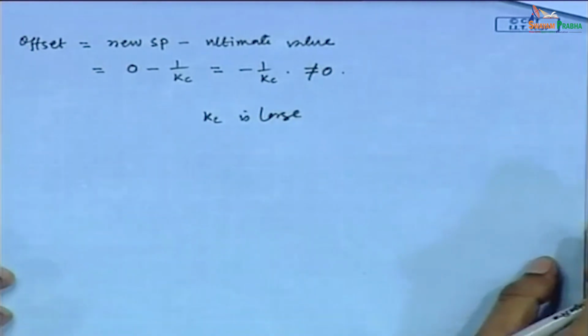So, the P only controller can be used to maintain the liquid level system. So, this is all about the effect of proportional control on the first order system.